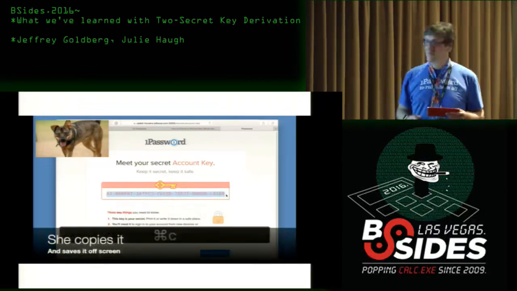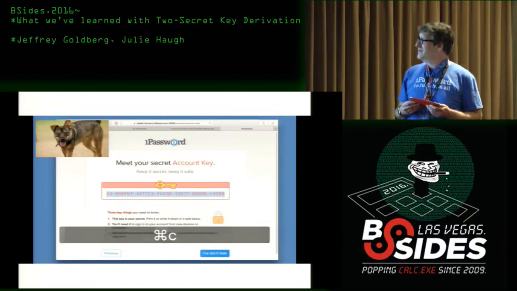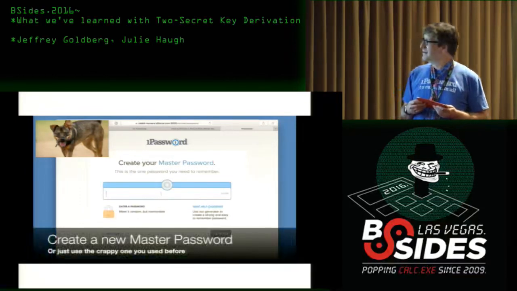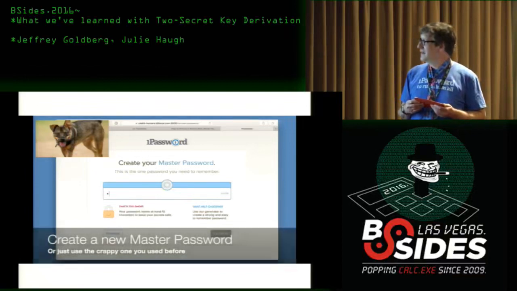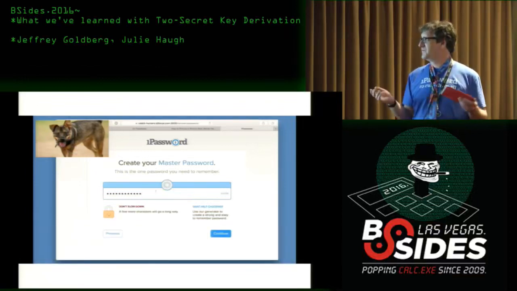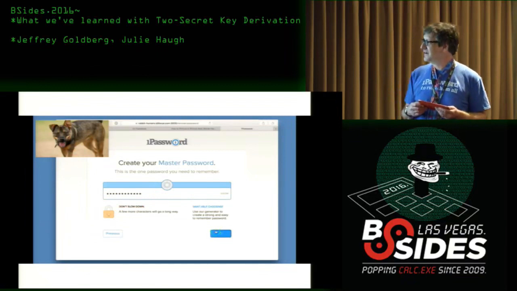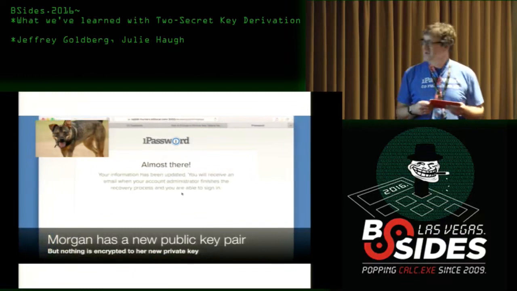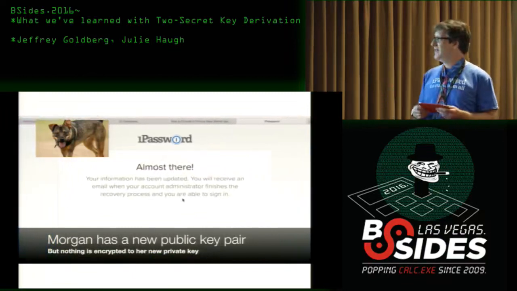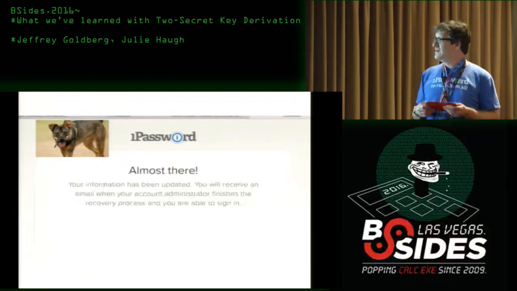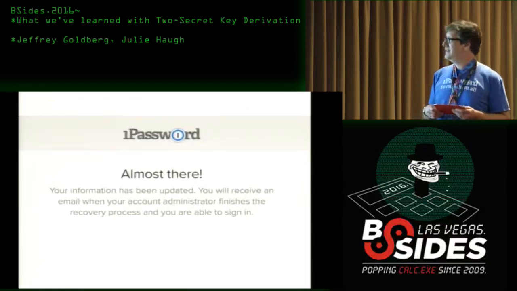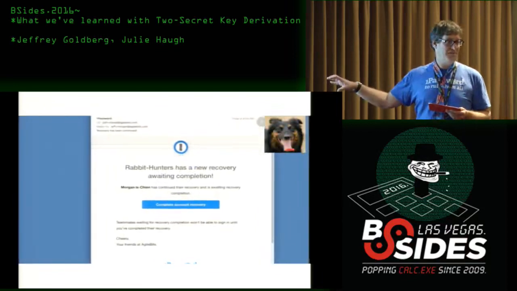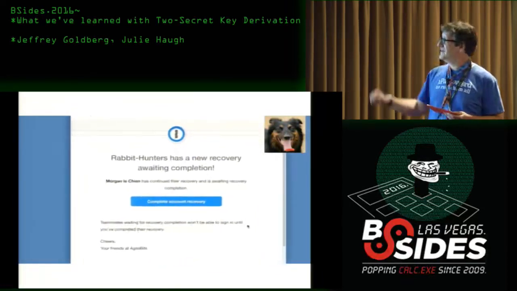She gets a new account key. And look, she saved it this time. And she chooses a master password. And so now a new public key pair has been generated and created for her, but you still can't get in until the team owner confirms her recovery or completes the recovery.